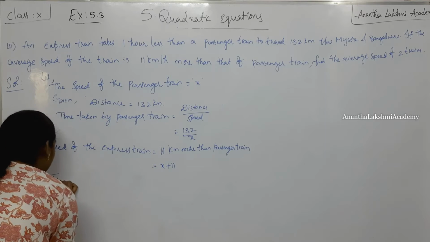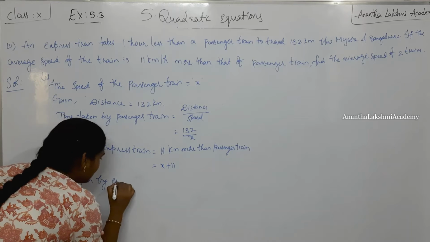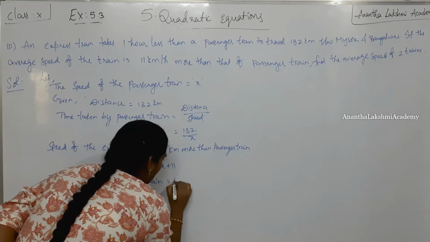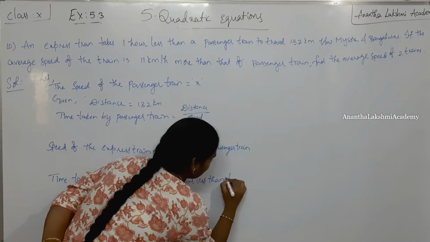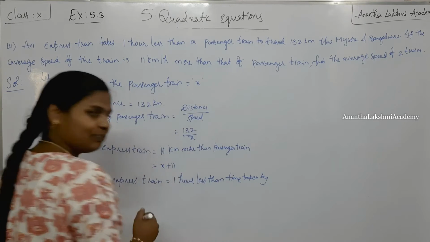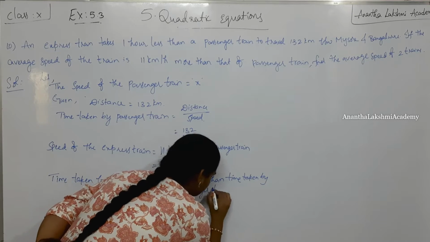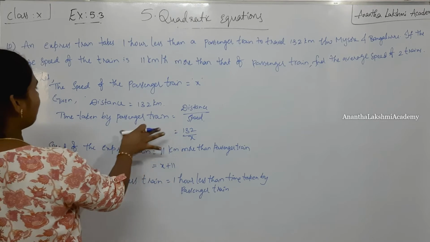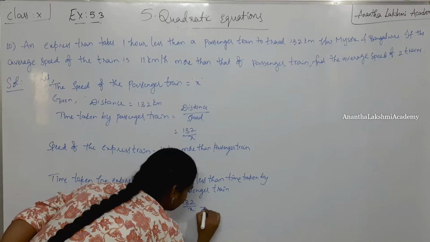So, time taken by the express train is equal to 1 hour less than the time taken by the passenger train, isn't it? That is nothing but 132 by x minus 1.